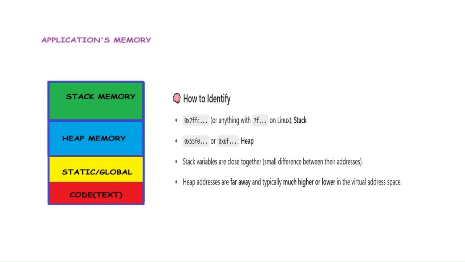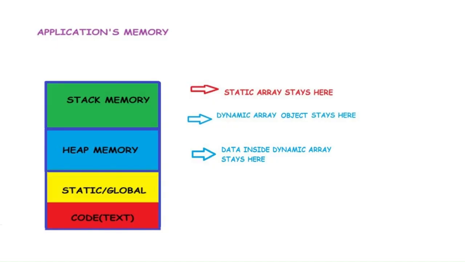So now we're going to do an experiment to see whether our theory is correct. Previously, we said that the static array and the dynamic array object are gonna stay in the stack section of memory, and the data inside the dynamic array is gonna stay in the heap section of memory.